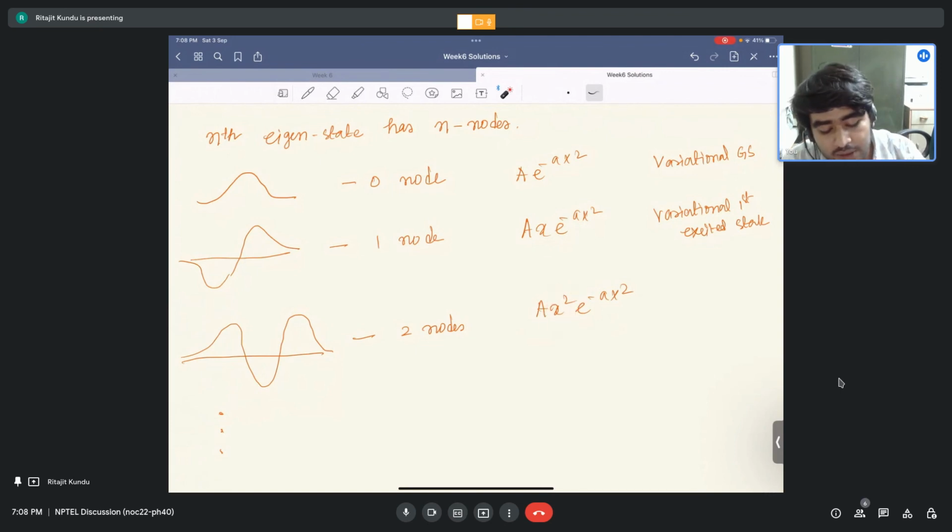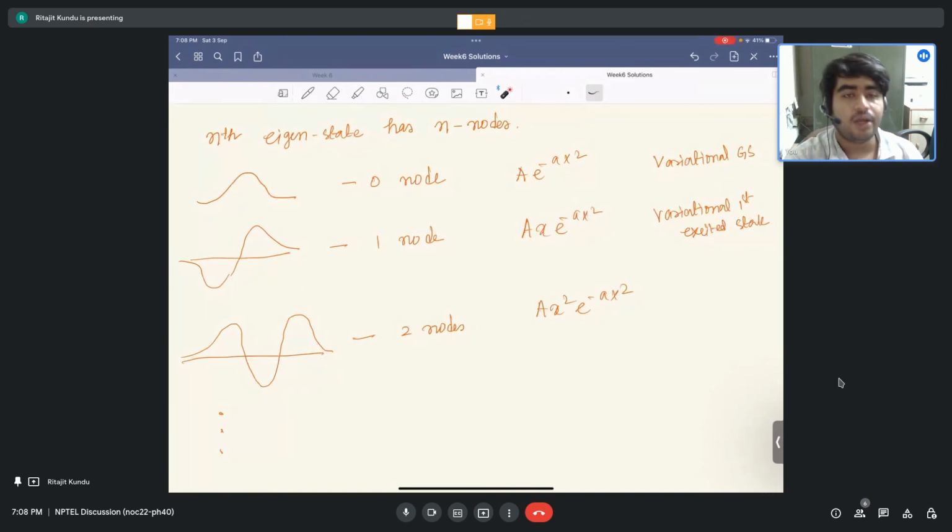If you calculate your expectation values with these states, with your variational parameter a, minimize with respect to a and find the value of a, you will see kind of good agreement, not very good, but some estimation of the first excited state's energy and the second excited state's energy.